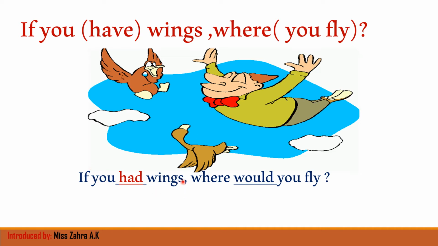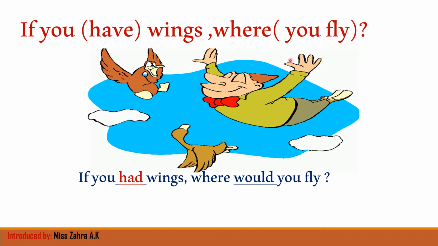So after that we put a comma. Then we put where, which is a WH question asking about the place. So where, we write it, but before we write the subject, you, because I have a WH question, we must bring a modal verb, an auxiliary verb, which is would. So it became where would.